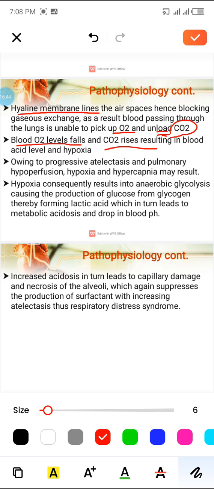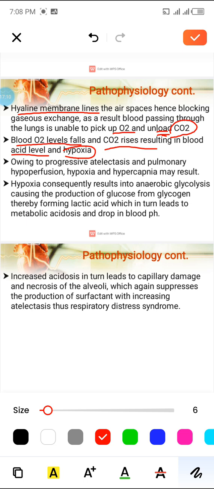It will cause what we call acidosis. That's why we have the acid levels rising, and hypoxia, so we have a reduction in oxygen in the tissues and an increase in the acid levels in the body. So the child will become hypoxic, without oxygen in the tissues.